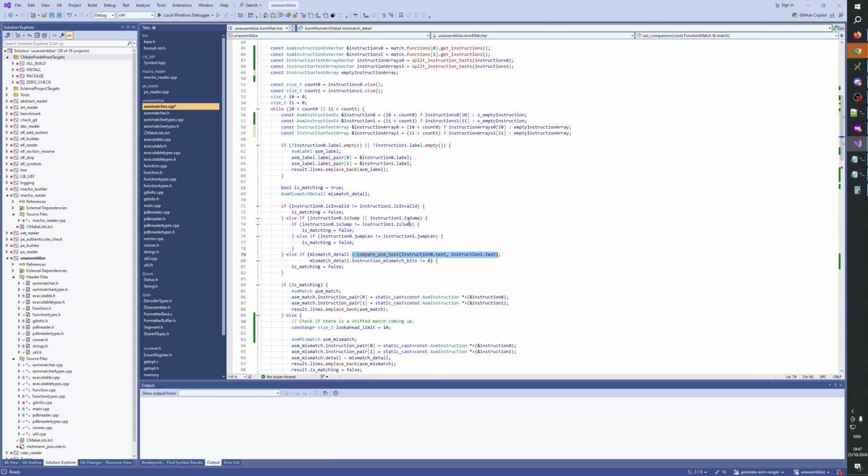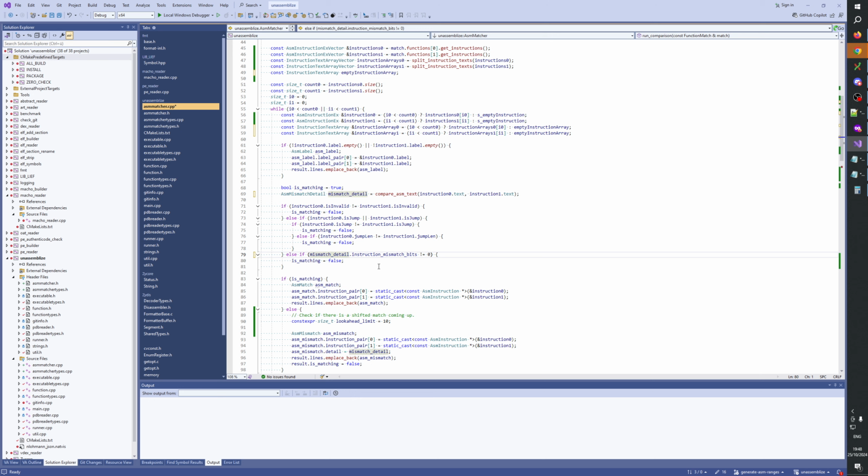So that even if, let's say we have a jump and the jump is mismatching, we still get a comparison. Because right now it wouldn't even compare, and then it wouldn't show any instruction mismatch bits. Yeah, we should probably run this always. So we just put it here. Yeah, I think that makes sense.